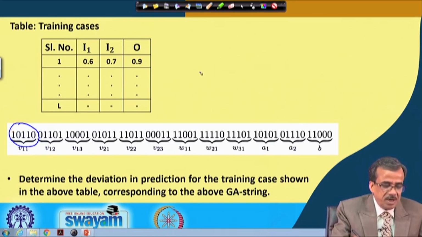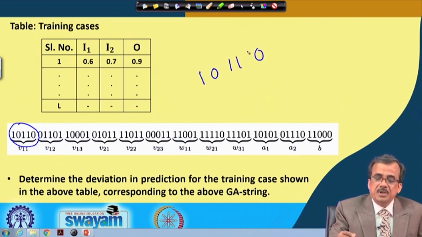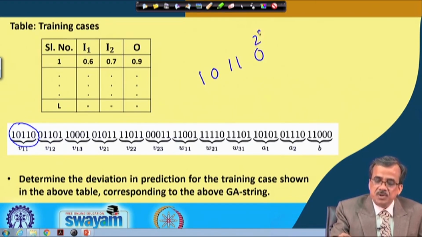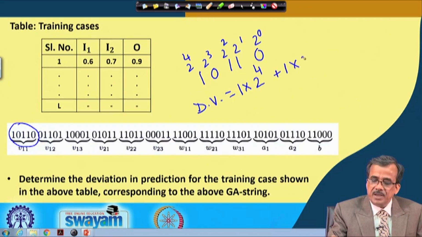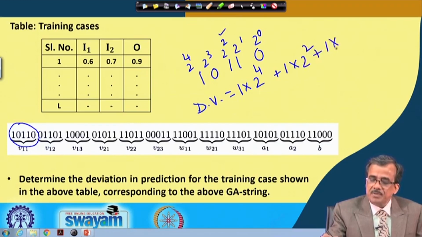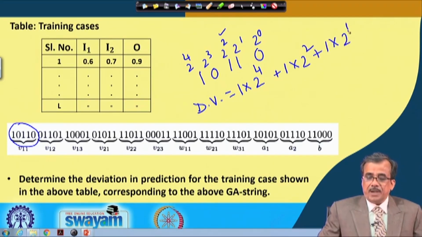So, this is nothing but 1 0 1 1 0. The place values are as follows: 2 raised to the power 0, 2 raised to the power 1, 2 raised to the power 2, 2 raised to the power 3, 2 raised to the power 4, and the decoded value is nothing but 1 multiplied by 2 raised to the power 4 plus 1 multiplied by 2 raised to the power 2 plus 1 multiplied by 2 raised to the power 1.